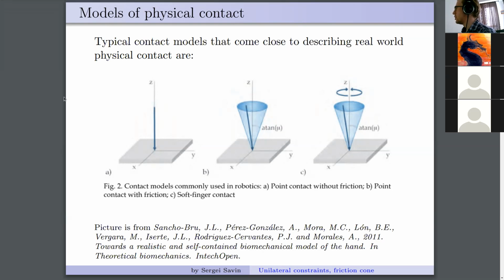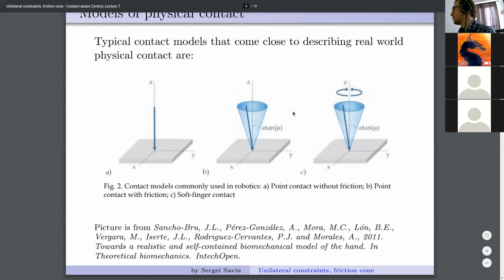As I said, the only forces possible go in the normal direction. Okay, good. Now let's go to the next one. The next one is figure 2B, this one. So here we have friction and normal reaction force.